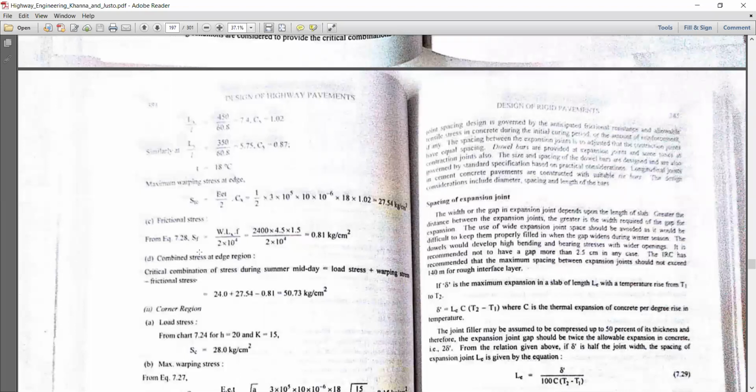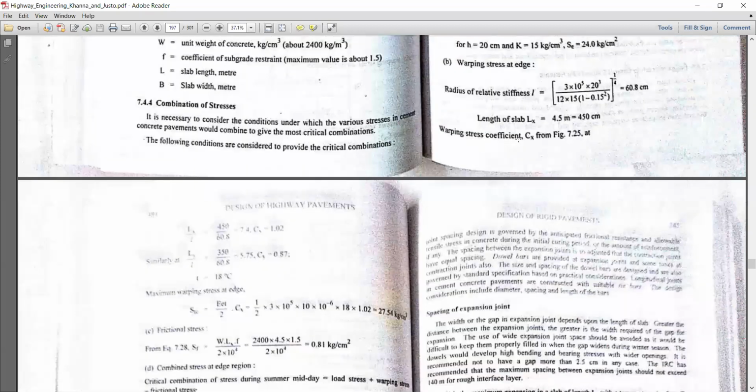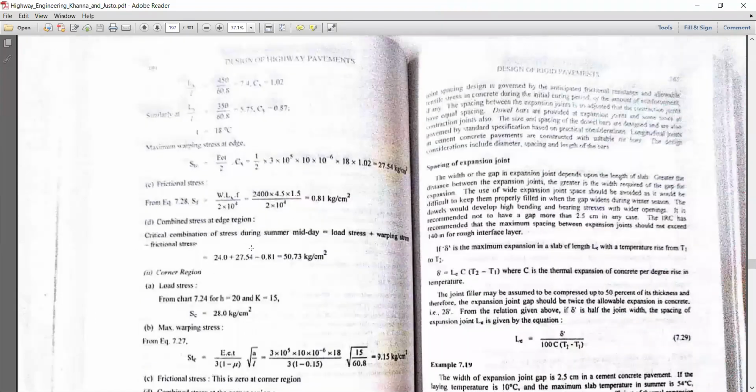This is frictional stress. Next, by taking this warping stress, frictional stress, and the load stress calculated earlier from the chart, the combination can be written here. The critical combination of stress at edge region during summer midday is equal to load stress plus warping stress minus frictional stress.